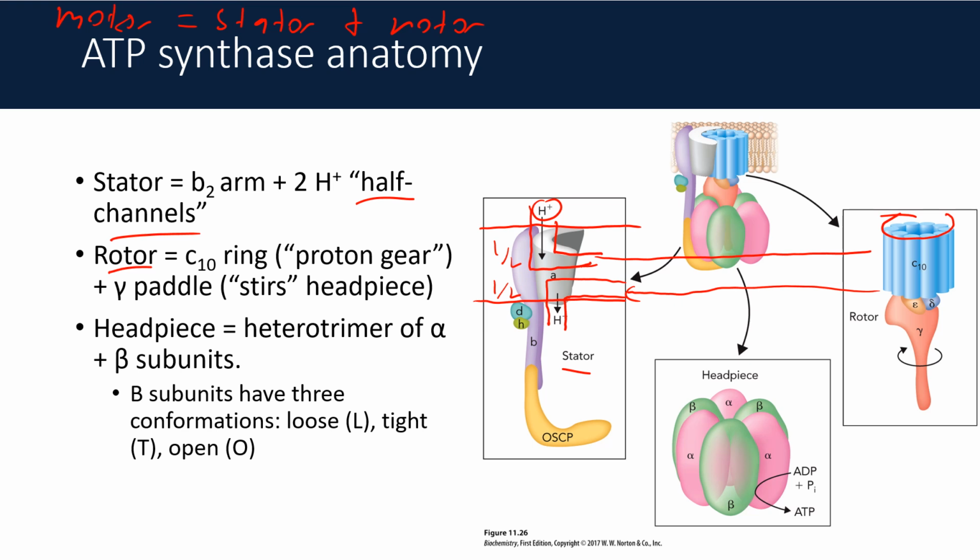Now, while the C10 unit rotates, it's not just rotating on its own in a vacuum, it will also be churning this gamma paddle attached to it, which is extending below the inner membrane.